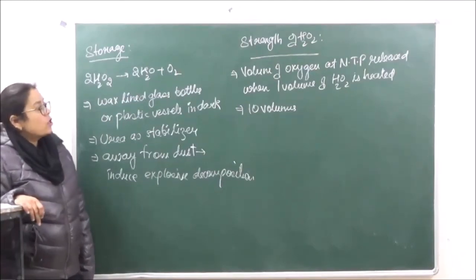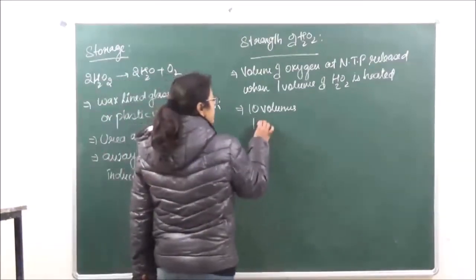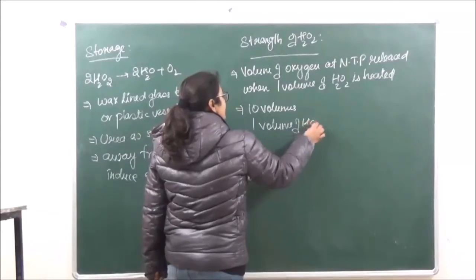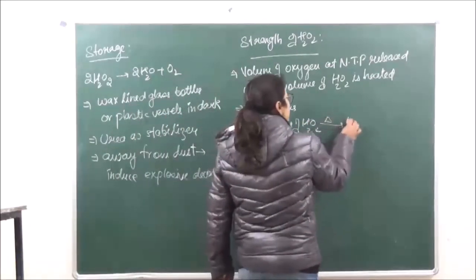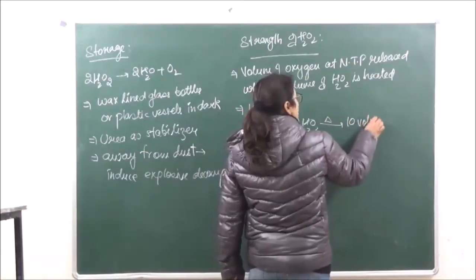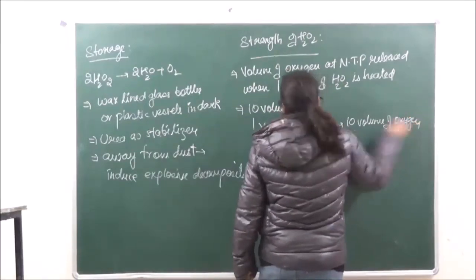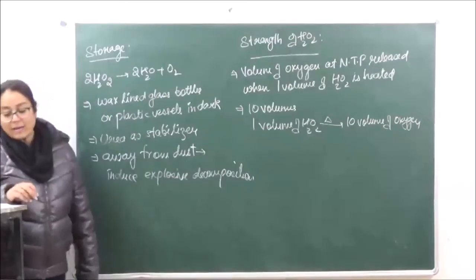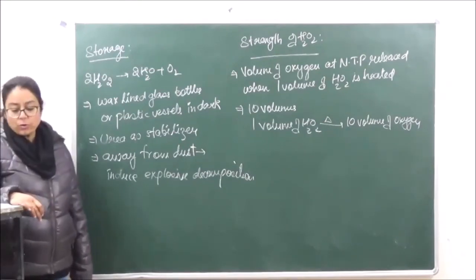It means 10 volumes strength of H2O2 means that if we are heating 1 volume of H2O2, it is giving us 10 volumes of oxygen. So that is the strength, 10 volumes of H2O2, that means this: 1 volume of hydrogen peroxide on heating is liberating 10 volumes of oxygen.